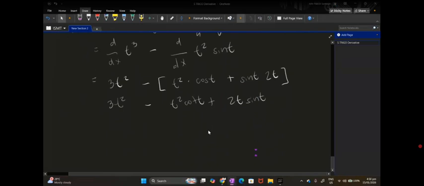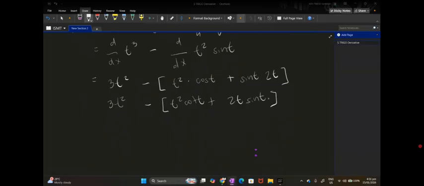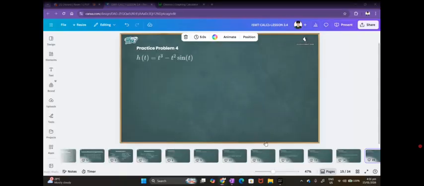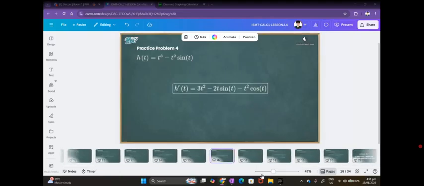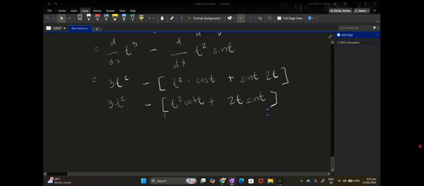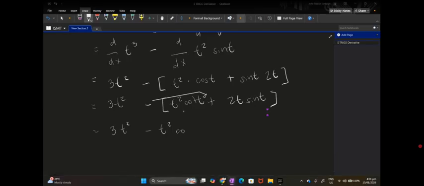So to be honest, pwede na yung ganitong answer natin. Pag-distribute ko. So, when we get the answer, di-distribute pa natin pala yung negative here. Kaya tayo naka-bracket. So, pag di-distribute natin here, magiging 3t squared minus t squared cosine pala yan.